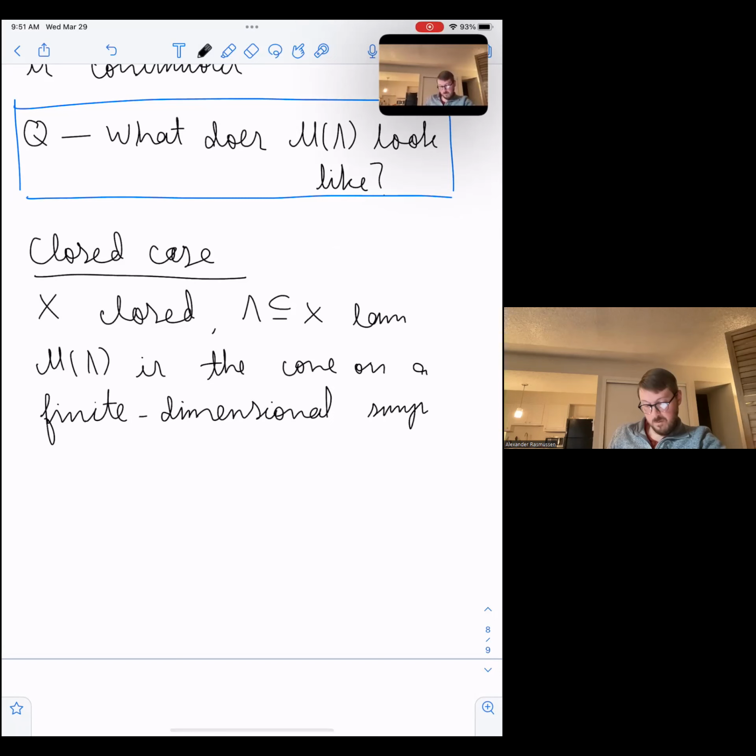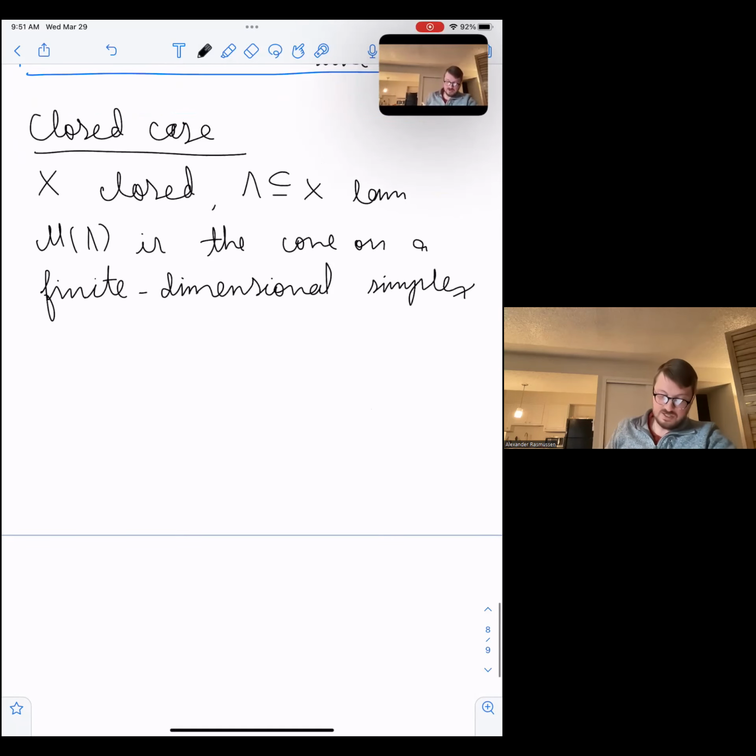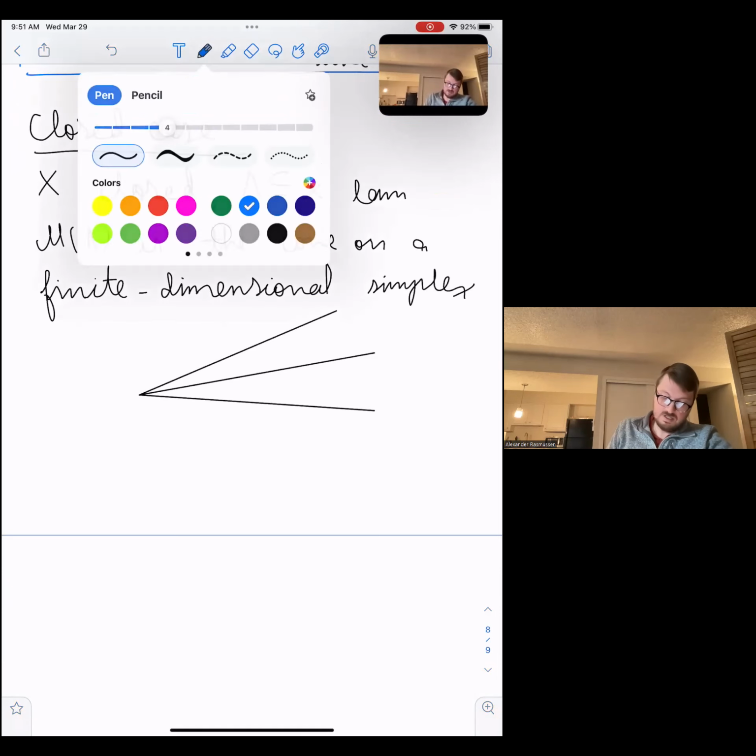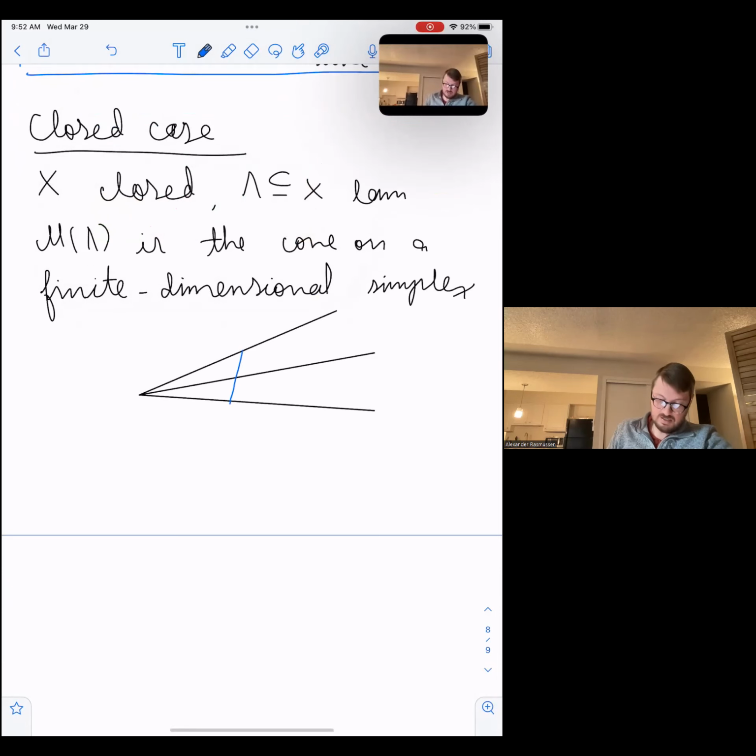So the picture is very simple. You just imagine your cone looks something like this. So maybe it's three-dimensional. And then if you cut and take a little cross section of this cone, you see a little two-dimensional simplex. This is what m of lambda looks like.